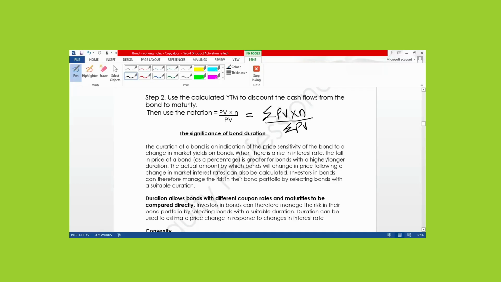It shows the impact of fluctuation in interest rates on bond price.